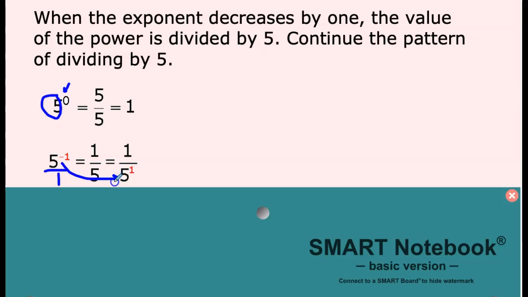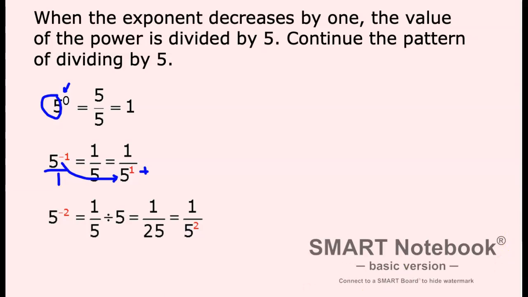It's going to be in the opposite location, and my exponent becomes positive. Likewise, 5 to the negative 2nd power is 1 over 5 divided by another 5, which is 1 over 25, which gives you 1 over 5 to the 2nd power. Again, this term that was in the numerator moves to the denominator, and the exponent becomes positive.